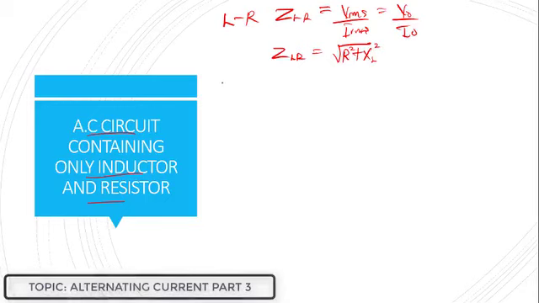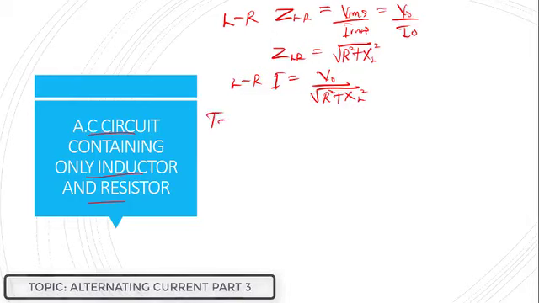And the current in an LR circuit, the current here is I, and it is given by the peak value of the voltage divided by the square root of the resistance squared plus the inductive reactance squared. In other words, the peak value of the voltage divided by the impedance gives us the current.